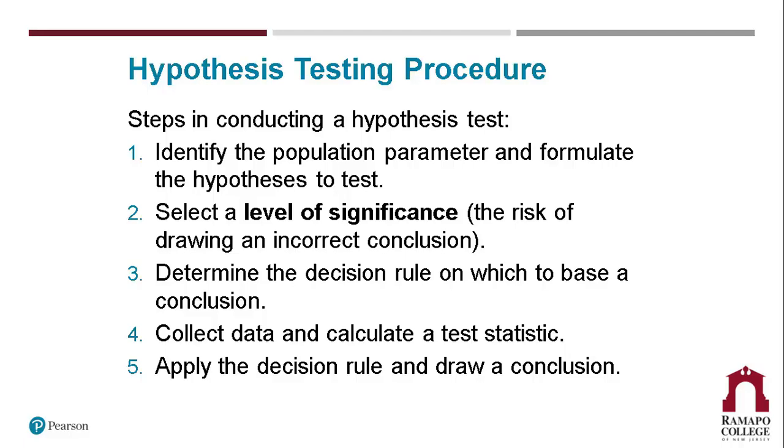The third step is to determine the decision rule on which to base the conclusion. The fourth step is to calculate the test statistic, which we will speak more on later. And finally, we will apply the decision rule and draw a conclusion.